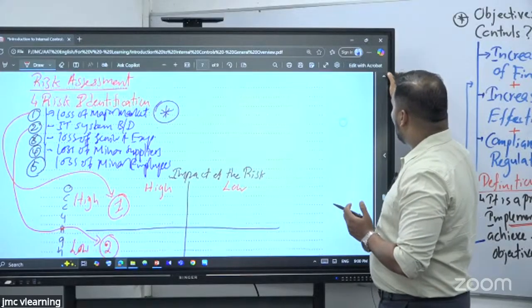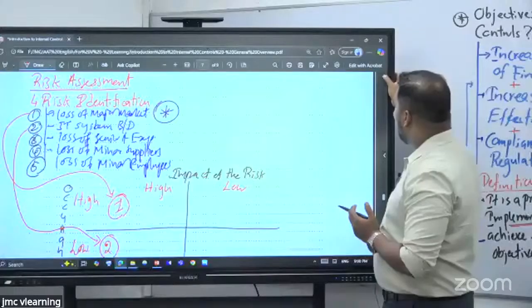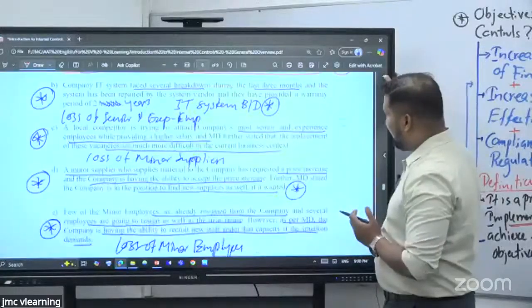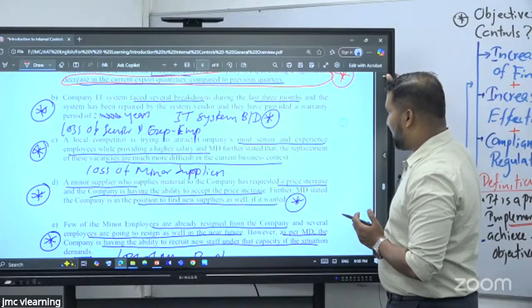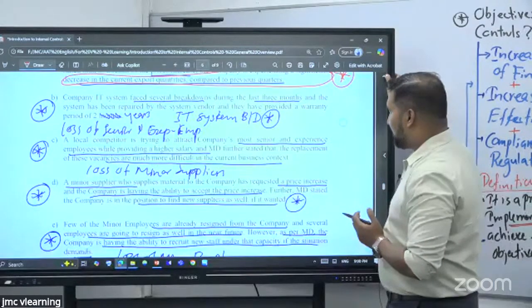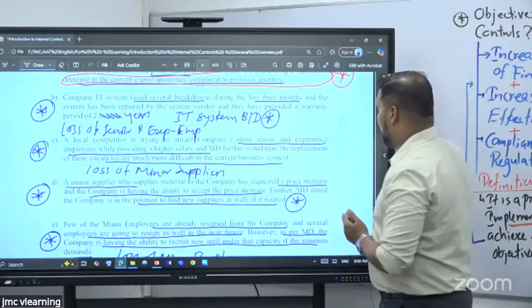Because you're losing senior management personnel. Not really. That is not the exact reason. Go to the question and check. Why are you saying the impact is high?